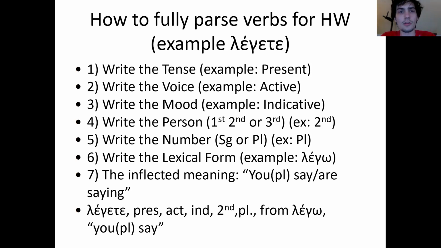There are 2 other things, though, you might want to write down when parsing a verb for the homework. One is the lexical form. We talked about this a little, but let me really hammer down what a lexical form is. A lexical form is the form you will find in a dictionary or in the book, in the vocabulary section.